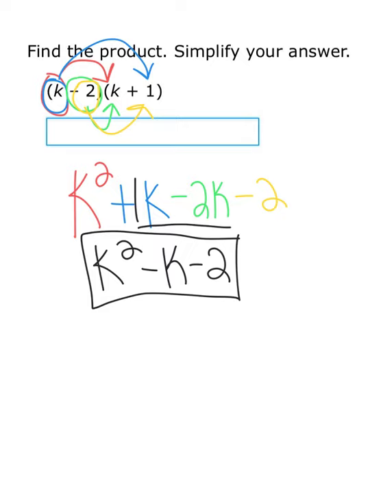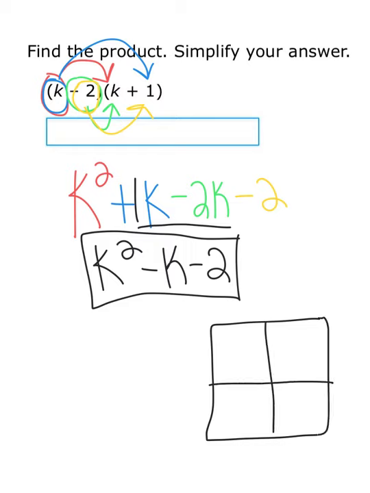I'll also show you what the box method would look like if you wanted to use that. So draw a 2 by 2 box again. I'm going to put k minus 2 along the length and k plus 1 along the width, and then just multiply each row by each column.